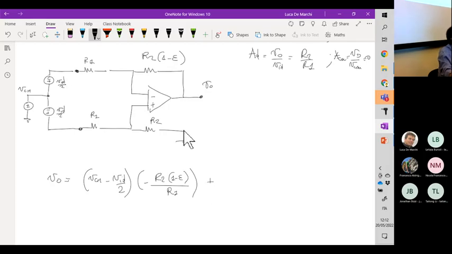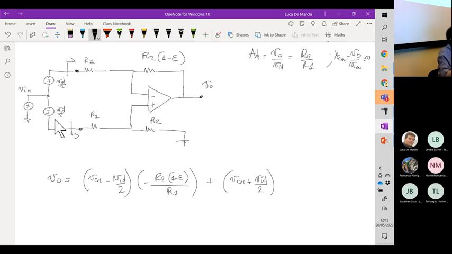And then we have the effect of the second branch, taking into account that the input is common mode plus the input differential divided by 2.